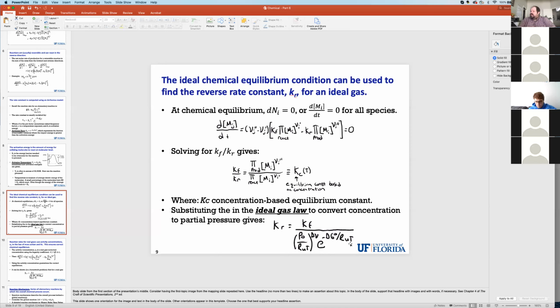Typically you are given Kf, but the Krs in a reaction model are not listed. So if you need Kr, you need to use this condition to compute Kr. And for an ideal gas, it just turns out being basically this. Okay.